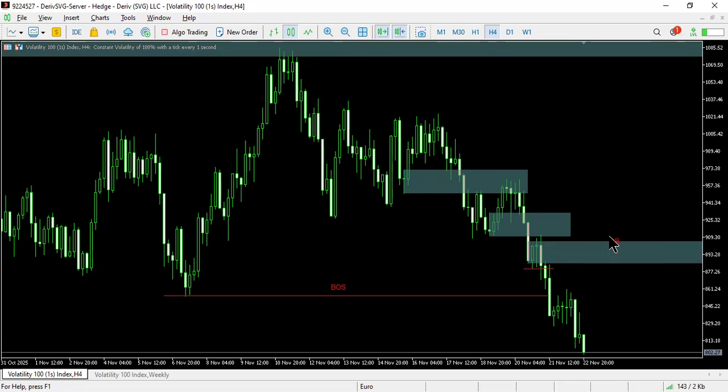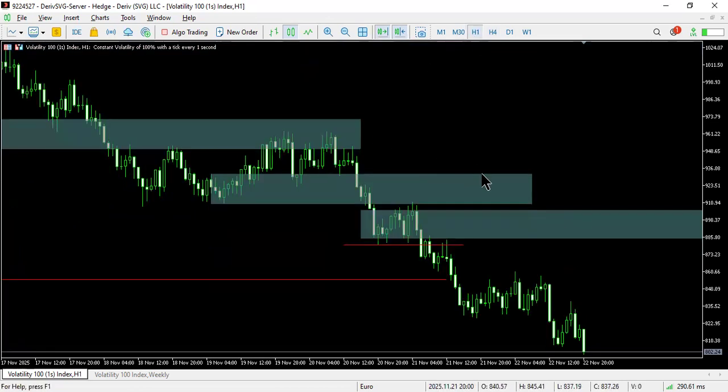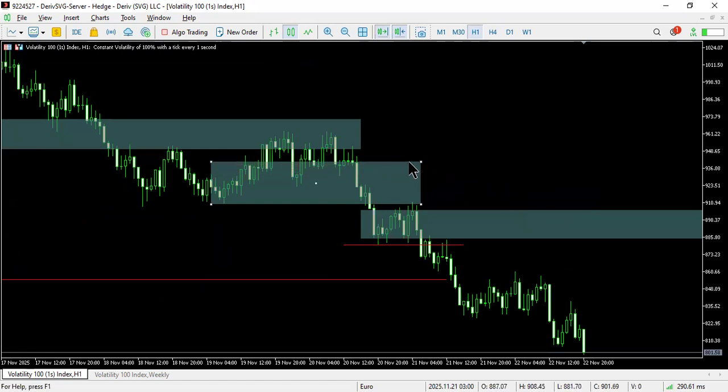So that is what we'll be targeting, because price mitigated those two other blocks. So that's the other block that is not mitigated. That is the one I'll be targeting.